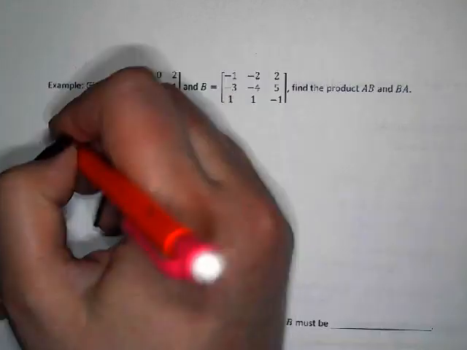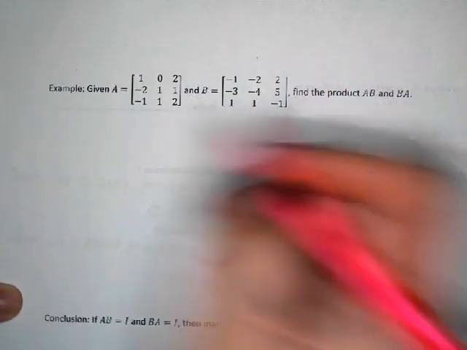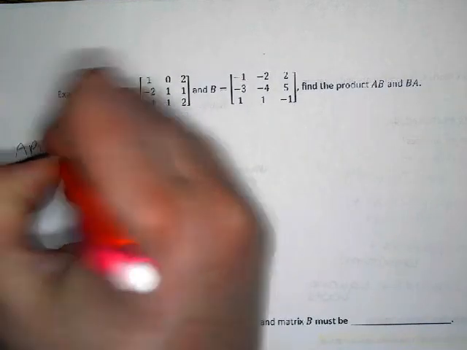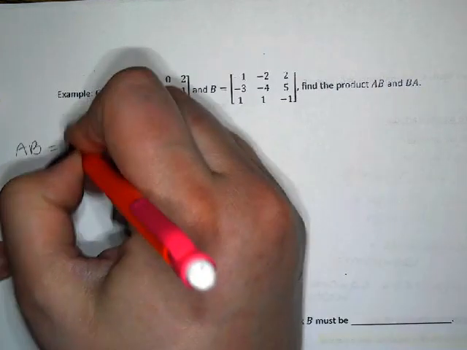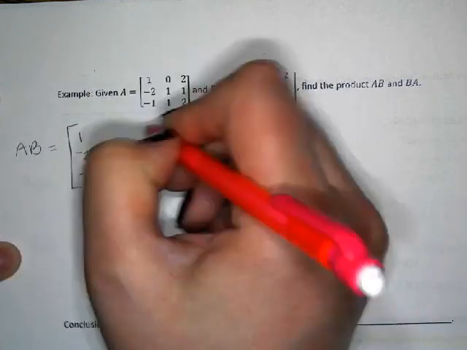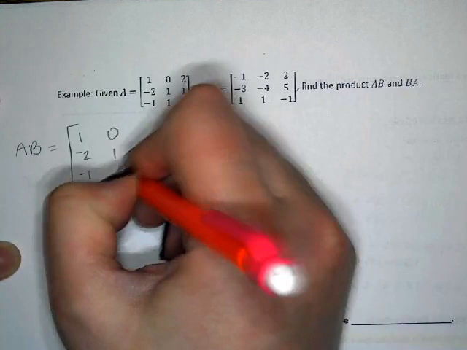Okay, so they're going to have us do it again just to prove that AB and BA are going to give us the identity. So we're going to try AB first. And this is a 3 by 3. So 1, negative 2, negative 1, 0, 1, 1, 2, 1, 2.